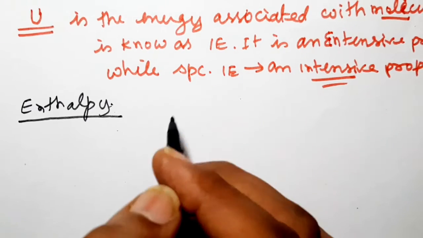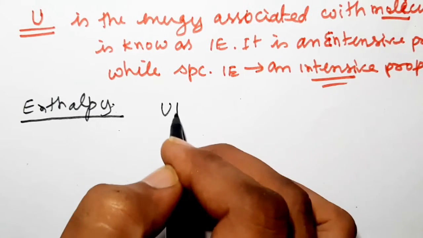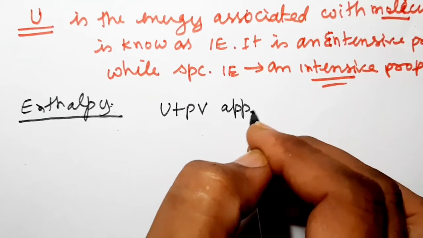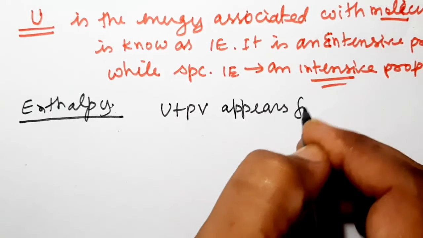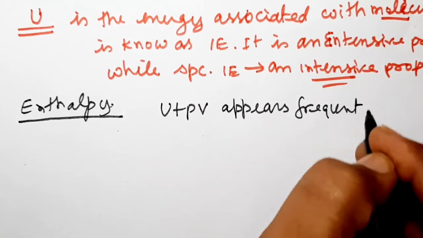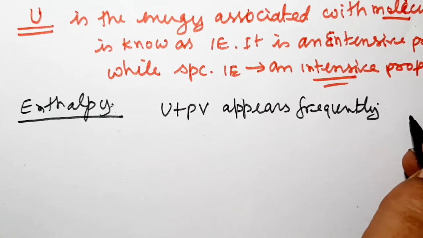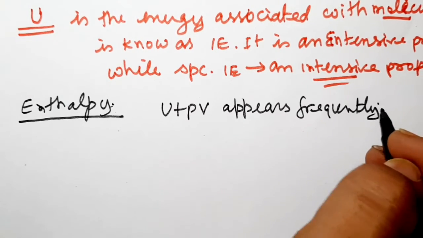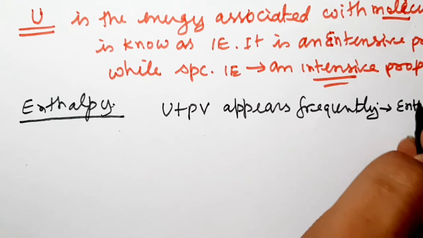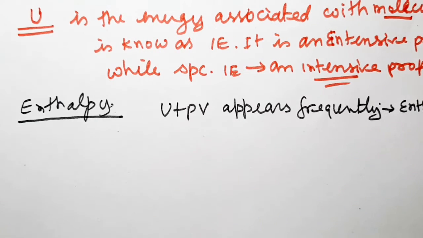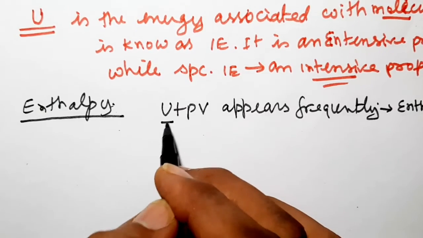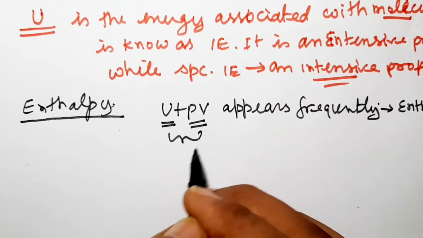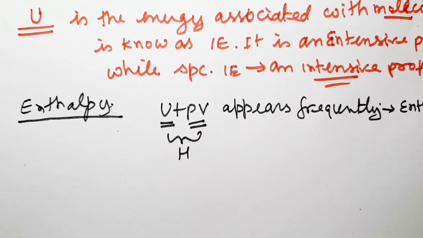The term U plus PV appears frequently, and for convenience, this term is known as enthalpy. Okay, so the summation of internal energy plus flow work PV is called enthalpy H.